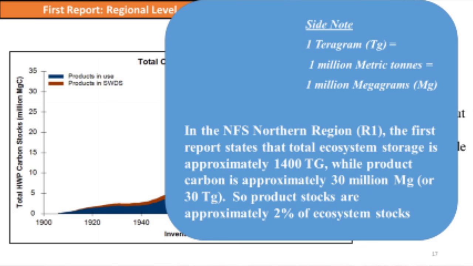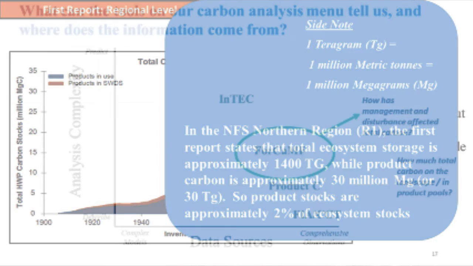And so in region 1, in a different part of the report, we've got about 1,400 teragrams. And also in the first report, you see that the carbon in this graph is 30 million megagrams, or 30 teragrams. So the amount of carbon stored in products is about 2% of the ecosystem stock. So that's an example of how to compare results within the same report to get some good context.